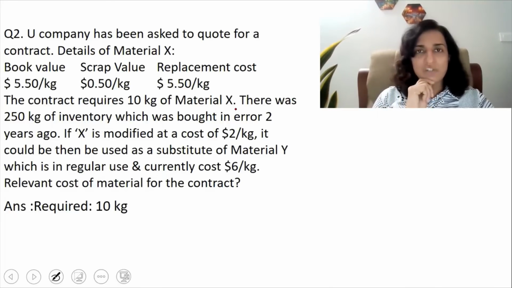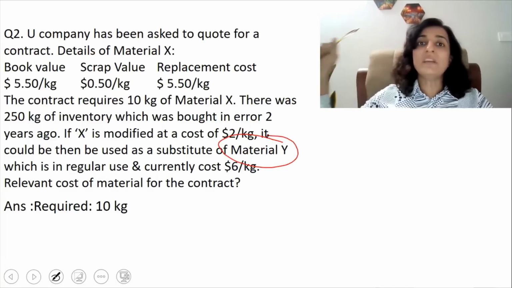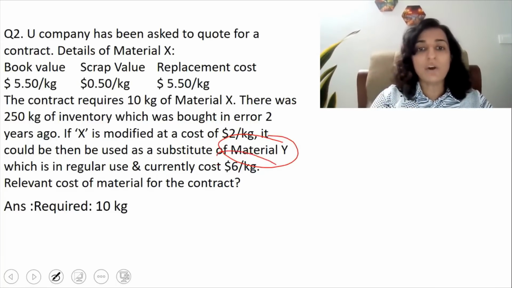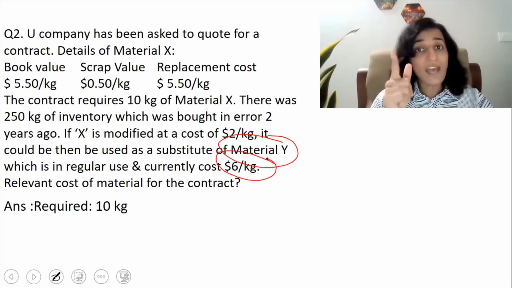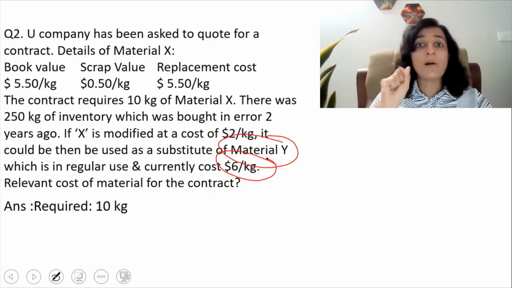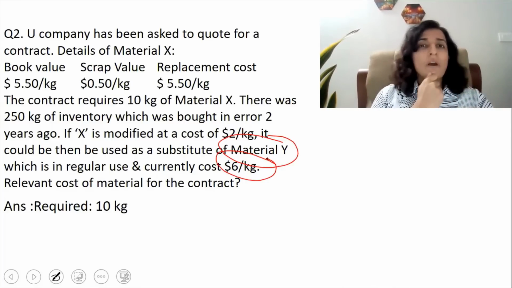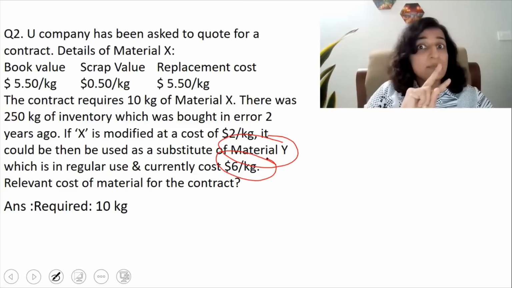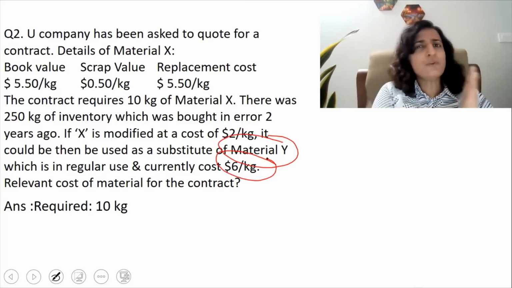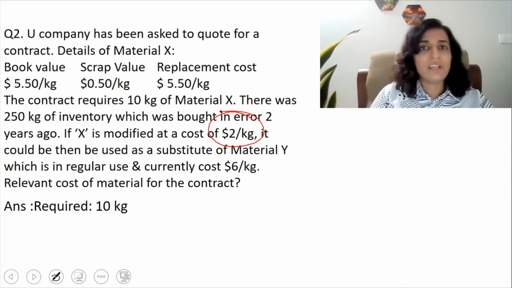So what has been mentioned? It has been mentioned that right now we are using a material called material Y and we are buying material Y from the open market at $6 per kg. Now we have an option. Instead of buying material Y from the open market at $6, we could use the existing stock of raw material X as a substitute for Y. And we need to pay only $2 per kg.